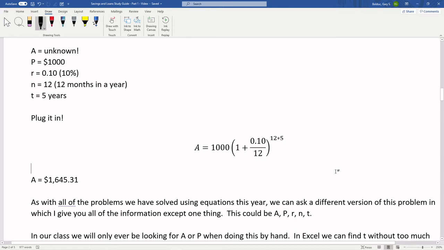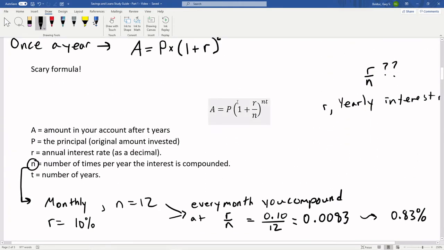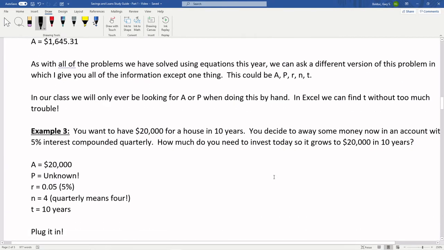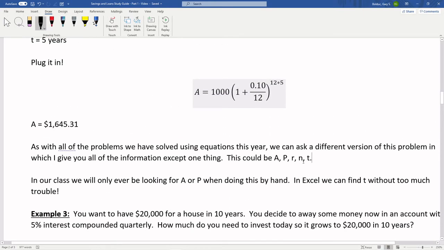There are more options here, but we're not going to do every possible combination of these things. So specifically here, in general we could do this, right? There are 1, 2, 3, 4, 5 letters in my formula. I could give you a problem where I gave you 4 of these letters, the actual numbers they are, and said go find the other.